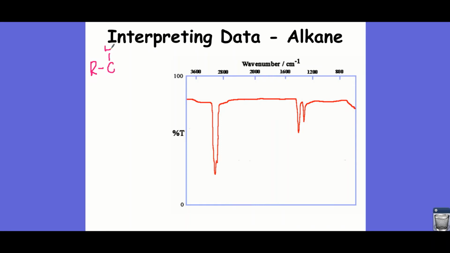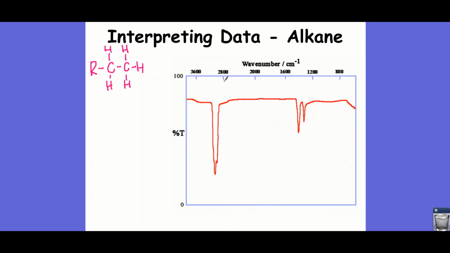Every alkane will have a CH2 group, well, not every one, but almost every one, a CH3 group. This R just represents the rest of the carbon chain. So use page 14 of your data booklet and refer to that as we're working through the next few slides. We have a peak here.